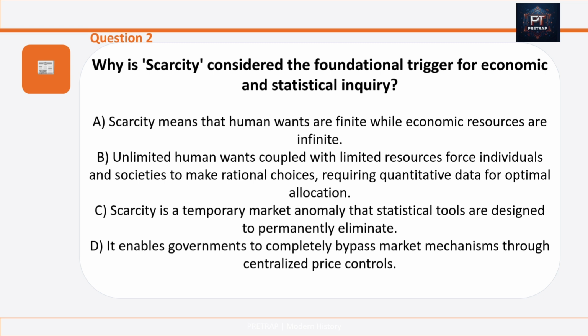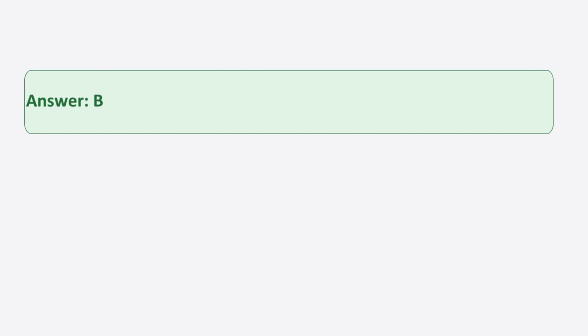Option C. Scarcity is a temporary market anomaly that statistical tools are designed to permanently eliminate. Option D. It enables governments to completely bypass market mechanism through centralized price controls. And the answer is option B.